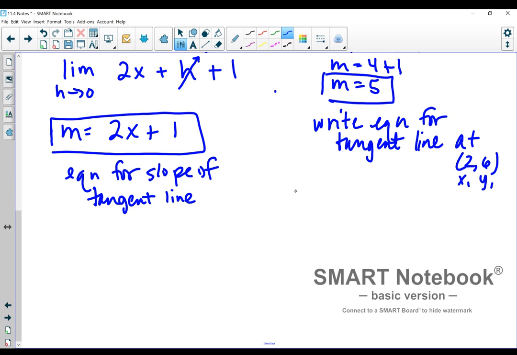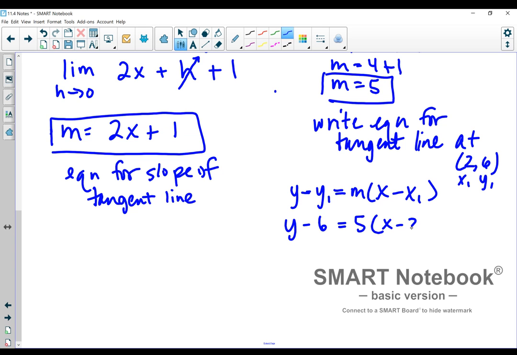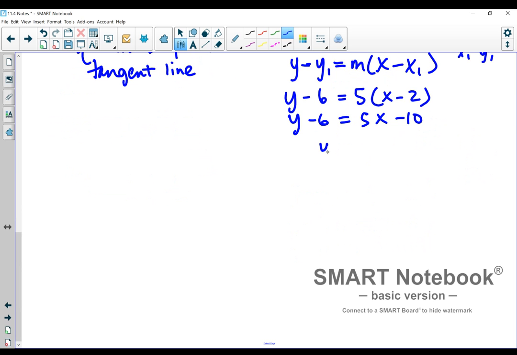I'm going to use point slope. Some of the problems on the homework will have you do this, so even though the directions don't say it here, it's worth doing. So y minus 6 equals 5 times (x minus 2). And then we'd add 6, and then y equals 5x minus 4.